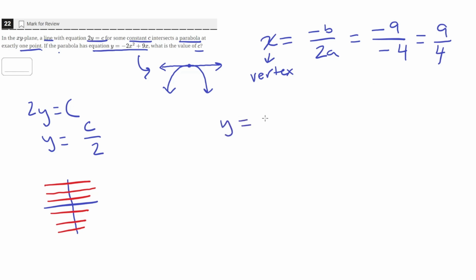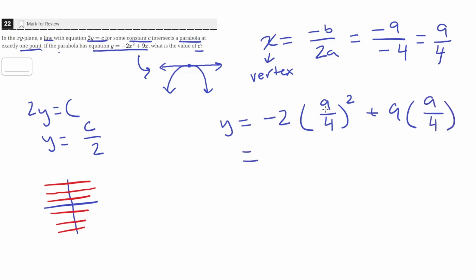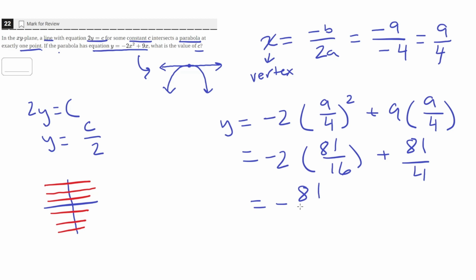So the y value when x equals 9 over 4: negative 2 times 9 over 4 squared, so negative 2 times 81 over 16, plus 81 over 4. 2 over 16 is 1 over 8, and multiplied with 81 that is negative 81 over 8, plus 81 over 4.